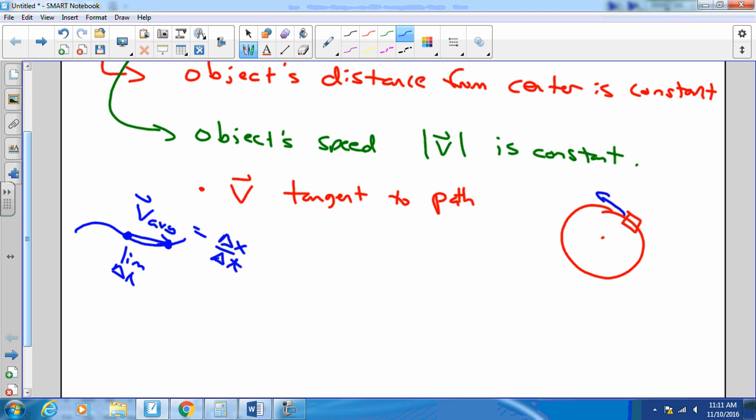If I now take the limit as delta t goes to 0 to get an instantaneous velocity, then I'm taking this second point, x final, and moving it along the curve until we get to right here, because we are taking smaller and smaller time intervals, and therefore a smaller and smaller displacement for each time. Finally, as our time interval vanishes, so does our displacement, and I'm left with a slope at a single point, so that the velocity is now tangent to the curve.